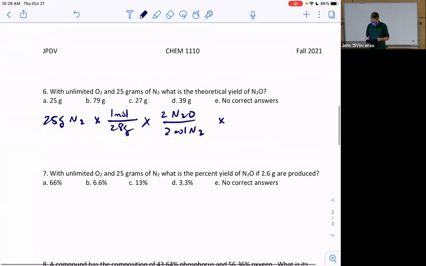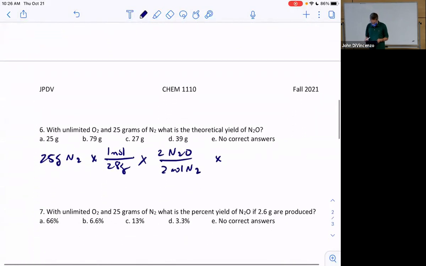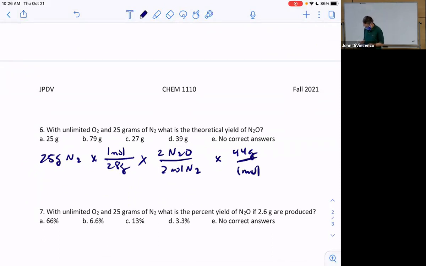And then the molar mass of N2O was what? 44, right? Times 44 grams per 1 mole. What do we get there? 39, right? Yeah. Well, it's going to be larger than this. 39 grams you should get.